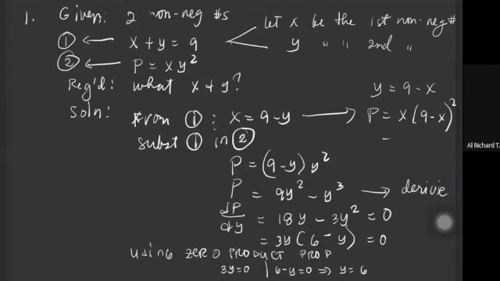And so you expand this, you have x times 9 times 9 is 81 minus twice the product of the first and second term, so that's 18x, and then plus x squared. And then you distribute. So you have 81x minus 18x squared plus x cubed.